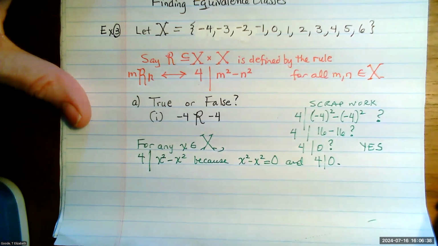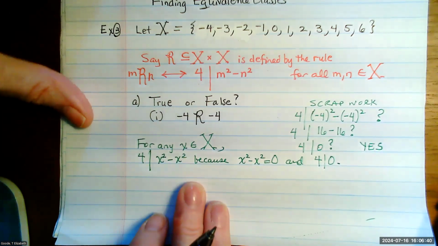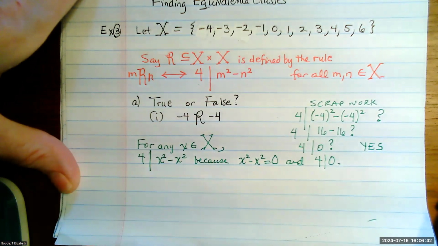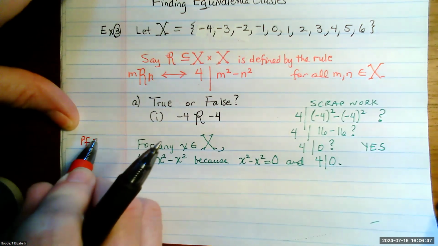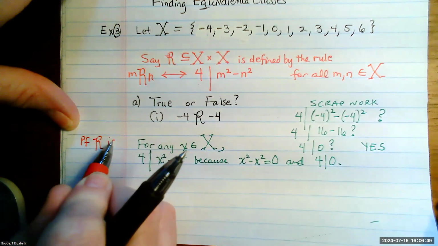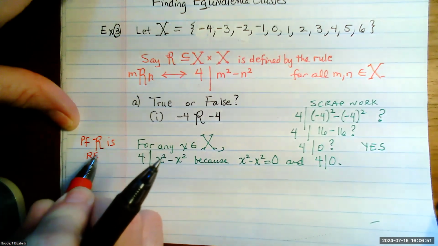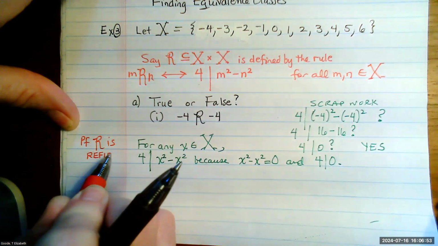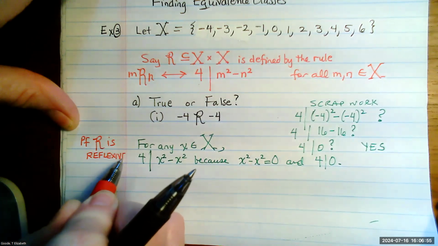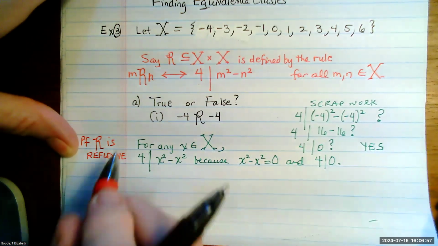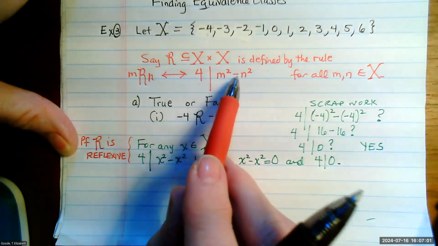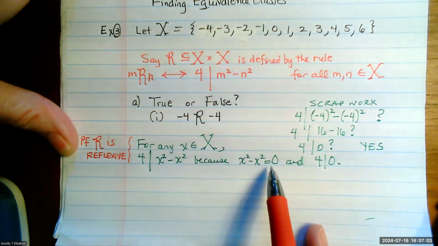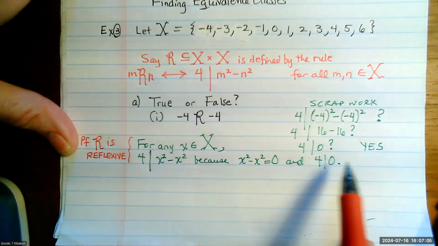So that's actually an argument for reflexivity. This is a proof that curly R is reflexive. We've just proven that any element is curly R to itself, because that element squared minus that same element squared is always 0, and 4 divides 0.